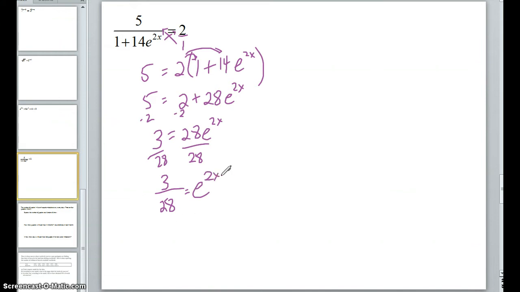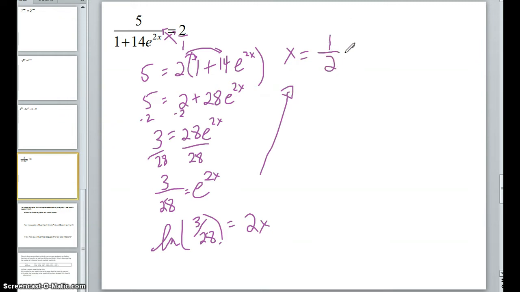Now I'm going to take the ln here, so natural log of 3 over 28 equals 2x. And lastly, we're going to divide by 2. So we're going to have 1/2 ln of 3 over 28. 1/2, same thing as dividing by 2, right? Okay, so there we go.